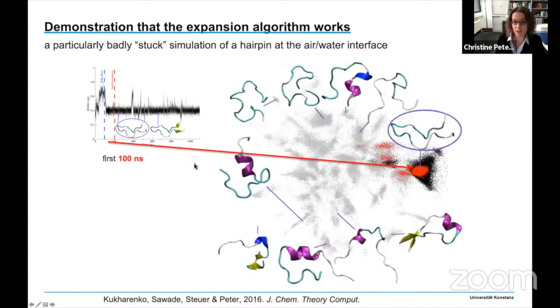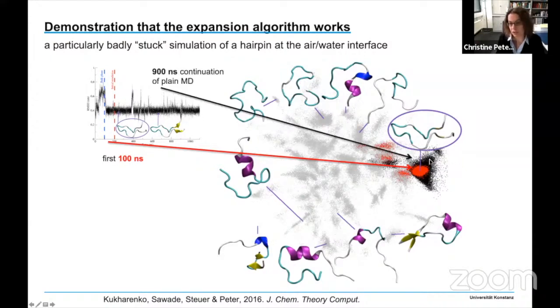The first 100 nanoseconds of that simulation is this region in this two-dimensional map here, and it's always this peptide in this hairpin-like structure. If you simulate another 900 nanoseconds, it essentially stays in that conformation and stays also in the same region on that low-dimensional map. If you use the expansion algorithm, you all of a sudden manage to push yourself away from the rims of that region, and you go into other regions of different conformational states. And so the algorithm works.